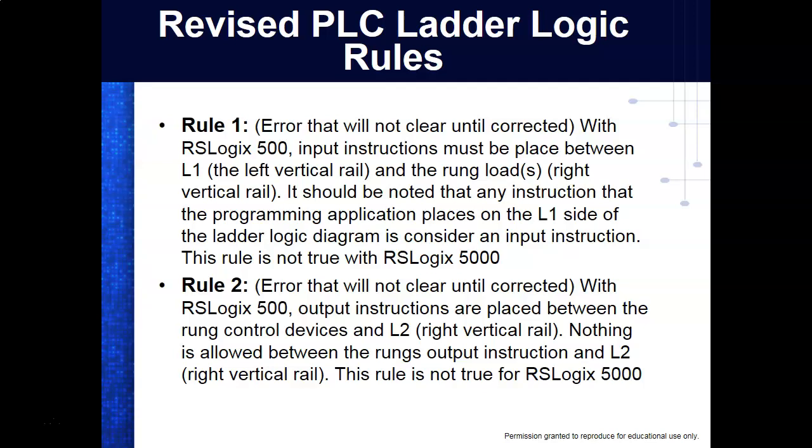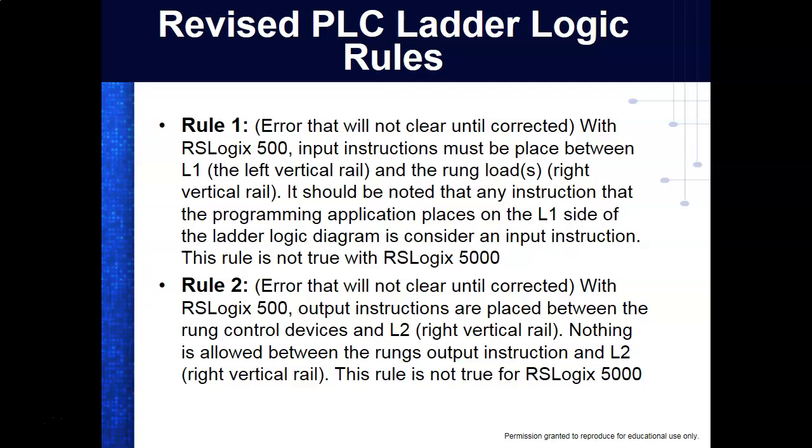We have no overload contacts in PLCs. So your load is always going to be connected between L2 and the control devices. It should be noted that any instruction that the programming application places on the L1 side of the ladder diagram is considered an input instruction.